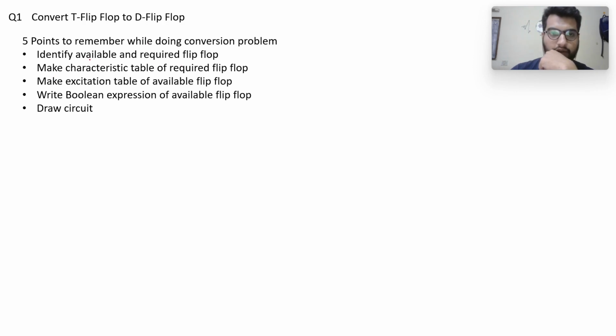First we need to find out the available and required flip-flop. Here we need to convert T flip-flop to D flip-flop, right? So what is our available flip-flop? Our available is T flip-flop and D is our required. Let's write it down: TFF in short for T flip-flop and DFF in short for D flip-flop.